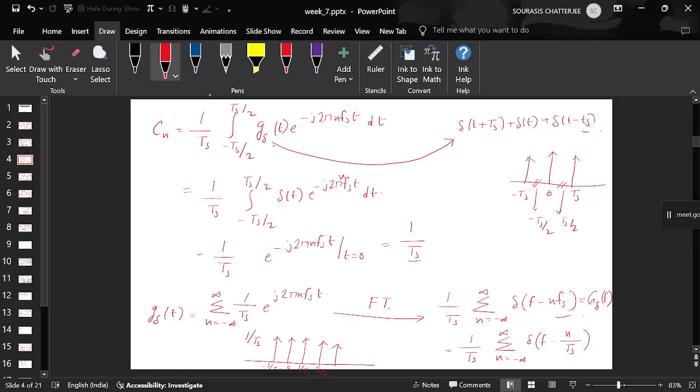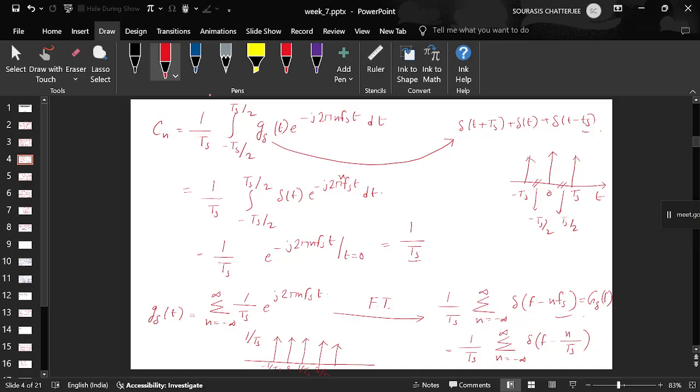So this is the infinite impulse train, right? Over this integration limit, this is actually an infinite summation of integrals, but over this limit we can see, if we write the infinite impulse train in the time domain, there is an impulse at 0, another at Ts, another at minus Ts.